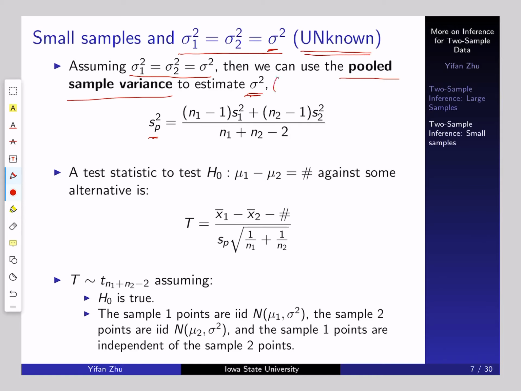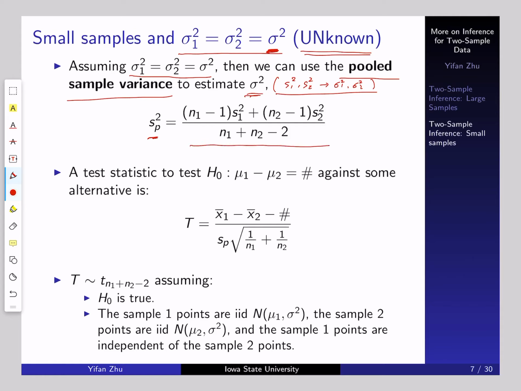Before, if sigma 1 and sigma 2 are unknown, we use S1 squared and S2 squared to estimate sigma 1 squared and sigma 2 squared, because there are two variances we need to estimate. So S1 squared and S2 squared separately estimate sigma 1 squared and sigma 2 squared. But now there is only one sigma squared we don't know. So we also use one estimator. We use this SP squared to estimate sigma squared.